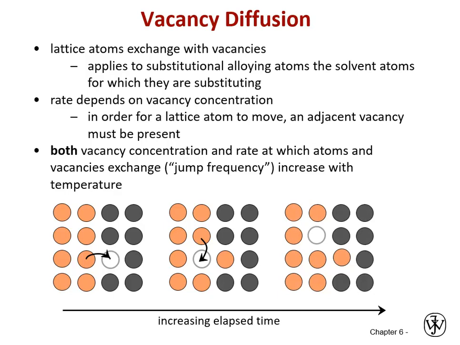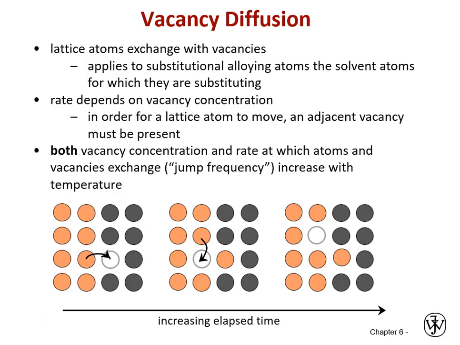This is very important for the rate of substitutional diffusion, because without a place to jump to, we can't get diffusion. So if you think back to the temperature dependence of vacancy concentrations, you can see that our diffusion rate might be dependent both on the jump frequency and on the concentration of vacancies.